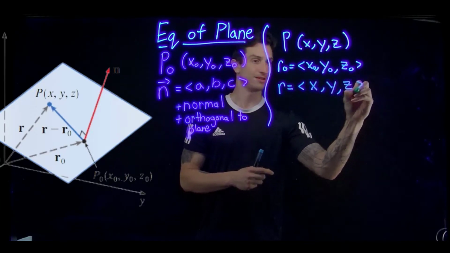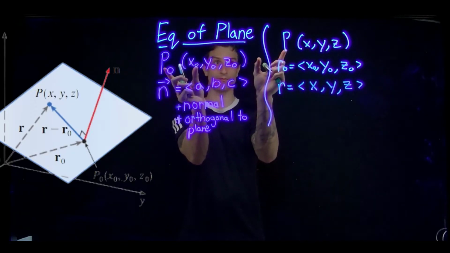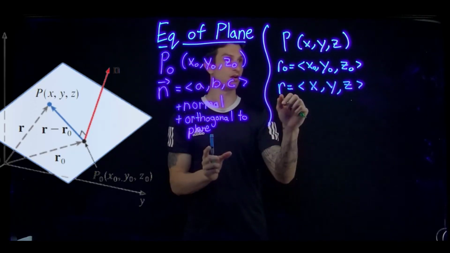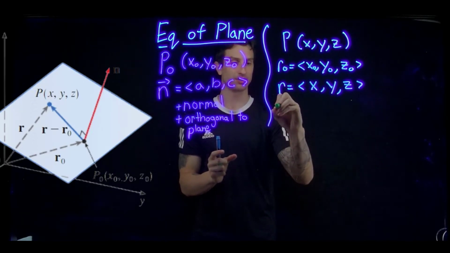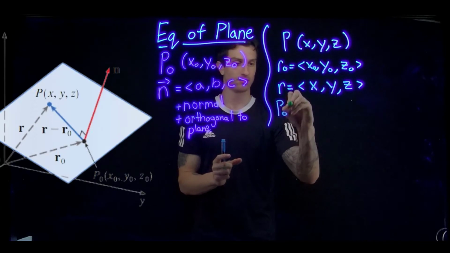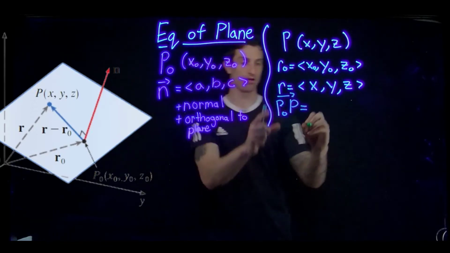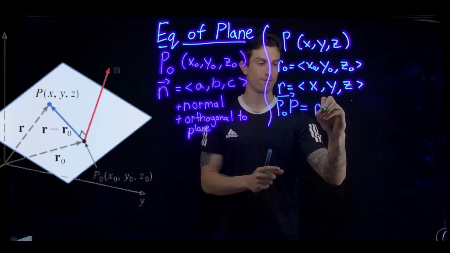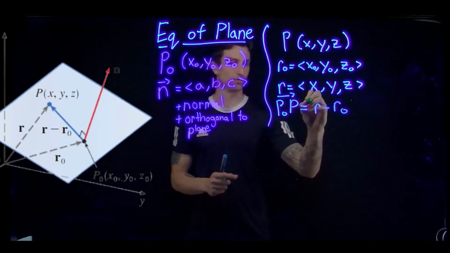And so in this case, if we create a vector going from P to P naught, let's go from P naught to P, actually. This is going to give us R minus R naught. And we'll group this together.